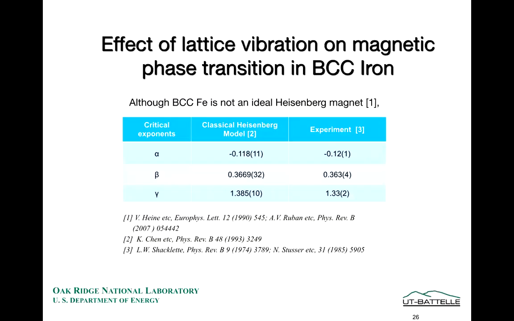So to change gear a bit, I showed you that we have been able to really calculate the Curie temperature for these systems completely from first principles. But it still is a very expensive calculation, and it also leaves out other important aspects like the movement of the atoms.